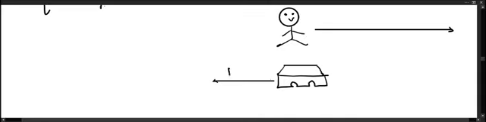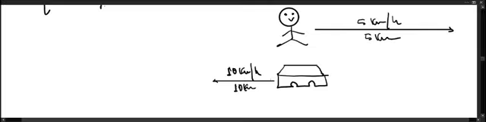Both are moving in different directions. So let's say the speed of the car is 10 kilometers per hour and the speed of the man is 5 kilometers per hour. After 1 hour, the distance covered by the man will be 5 kilometers and the distance covered by the car will be 10 kilometers.